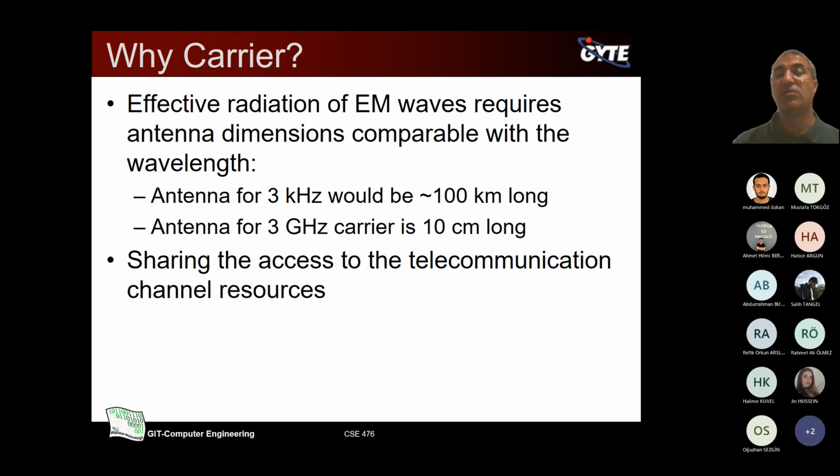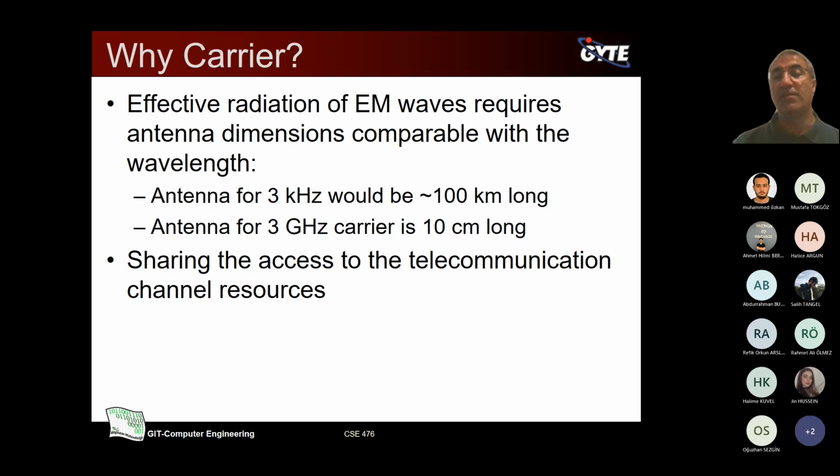For instance, if you transmit your signal information at 3 kilohertz, you need a 100 kilometer long antenna. Can you imagine such a large, big antenna? That's why we use such big antennas for space communication, by NASA and so on, since we are transmitting at very low frequency.